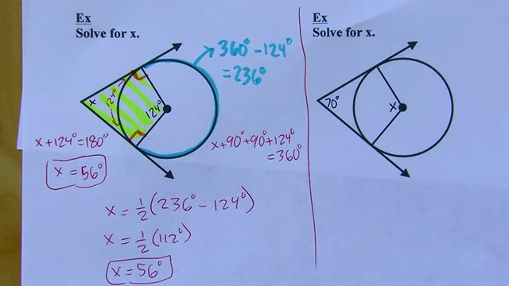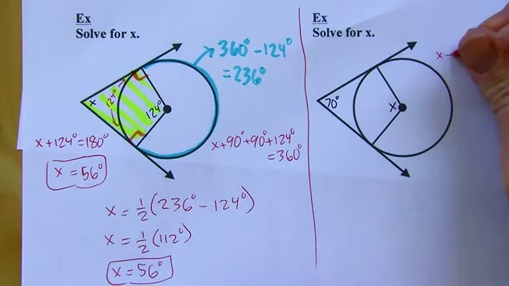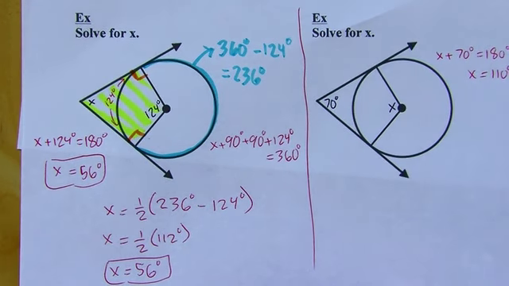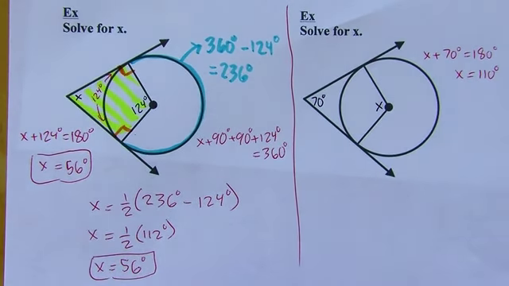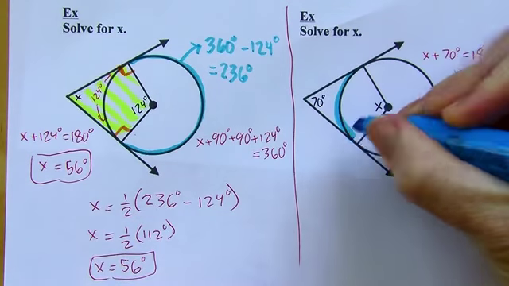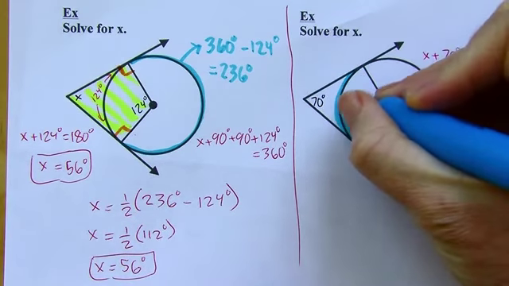So honestly, the way I do it, right away I'd say, oh, this is my scenario like over here, so these are going to be supplementary. But we can also think through it using the intercepted arcs. So I could say that this arc is going to be x, okay?